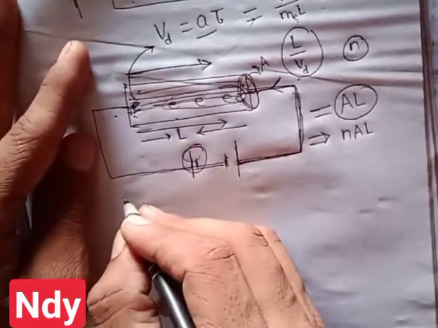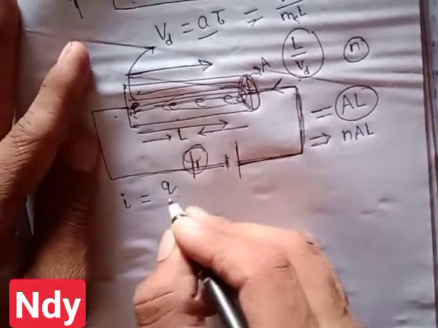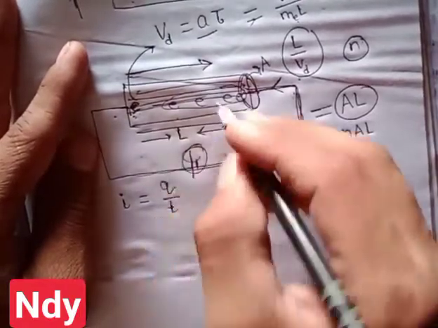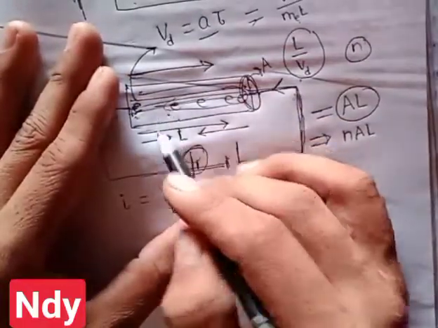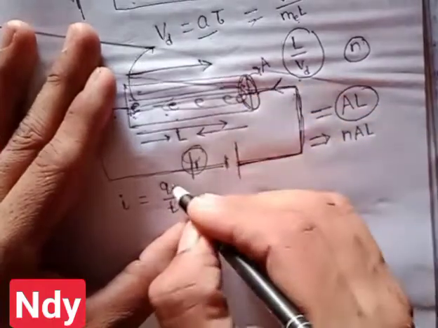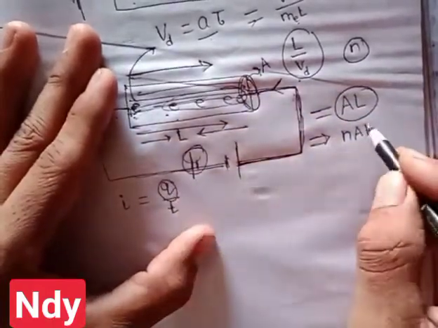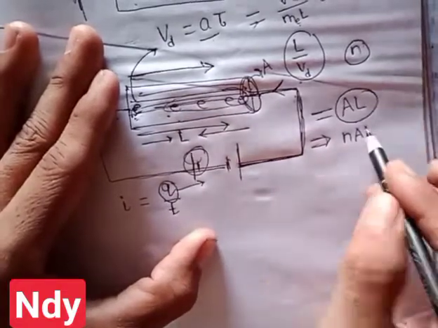Electric current is defined by I equal to Q divided by T. Here the charge is due to these electrons.